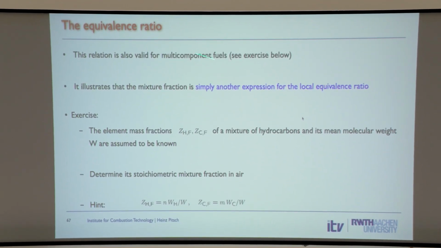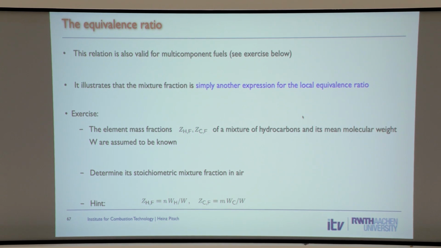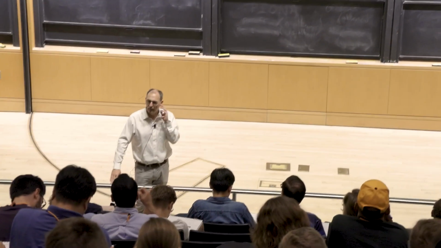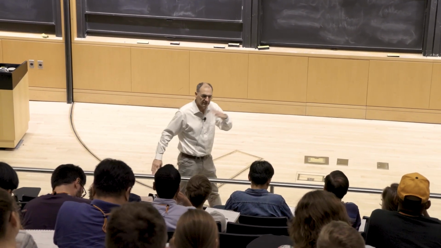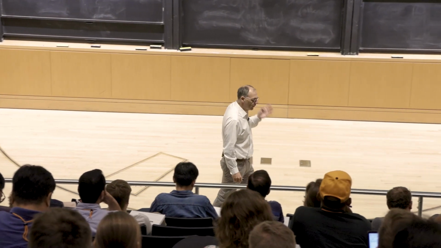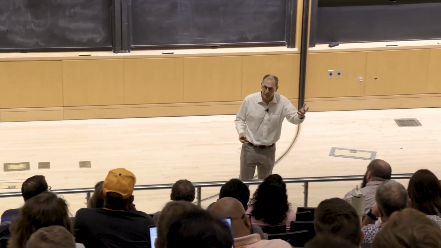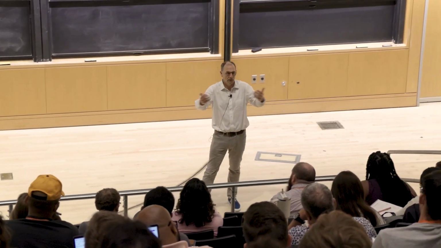Yeah, you can also define this for multi-component fuels. Sometimes the question is, what if I have some fuel also in the oxidizer stream? What do I do? Does the fuel come from this side or from that side? And the point is, think of the original definition: it's just the mass from one stream and the mass from the other stream, okay?